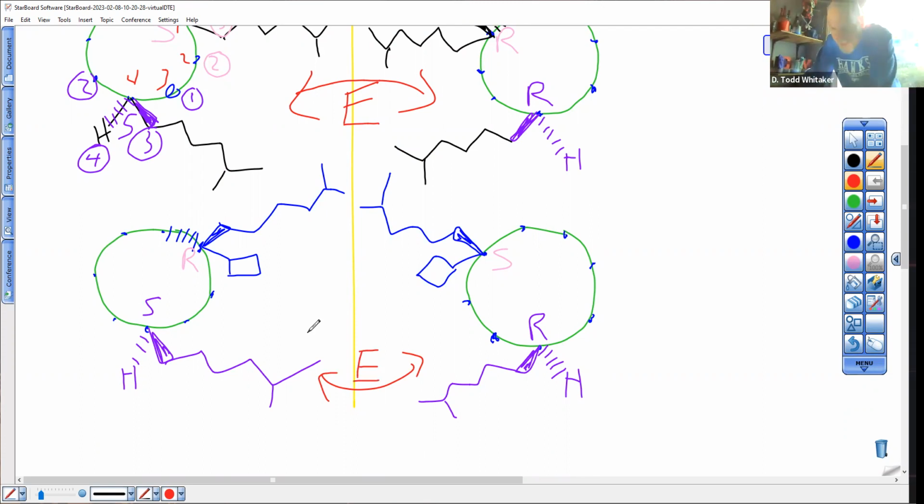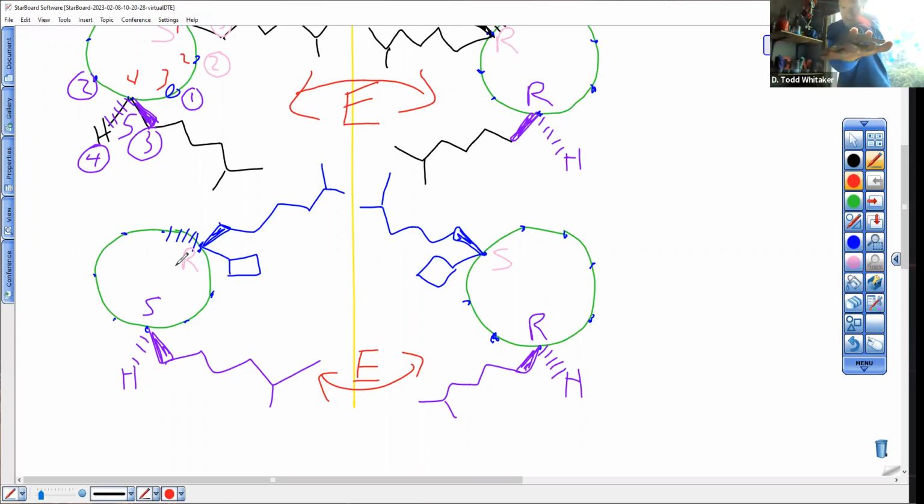What does non-superimposable mean? It means if I tried to just grab this molecule and put it on top of the other one, the parts wouldn't match up. Just like you can't match these parts up when you try to put your right hand down and then left hand on top of it.